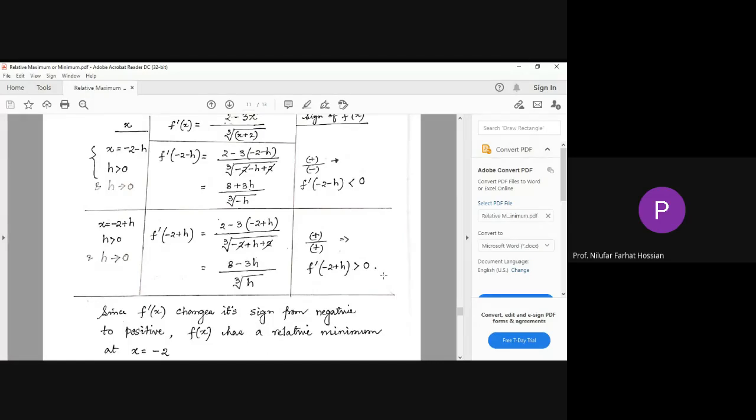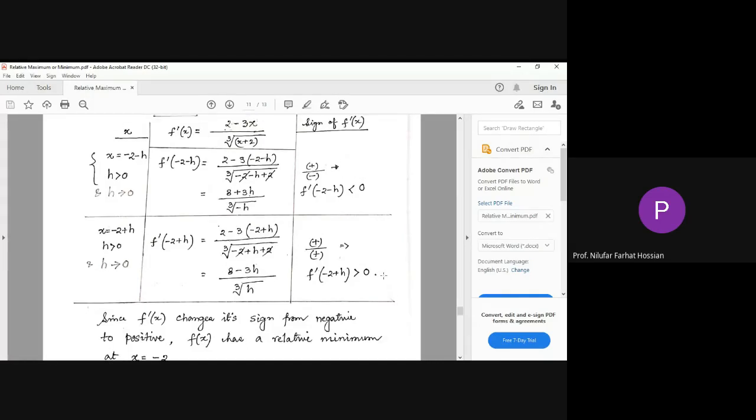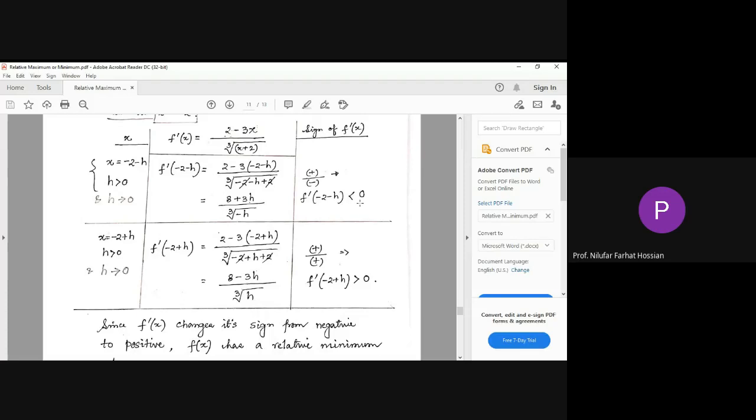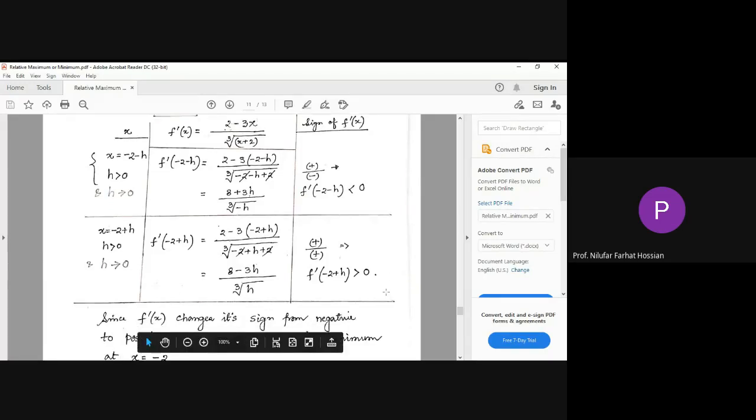So you see how the sign of the derivative is changing. Before the point -2 it was negative, and after the point -2 it is positive. That means the derivative is changing its sign from negative to positive at the point x equal to -2.